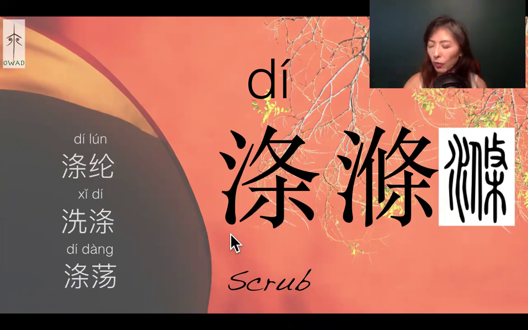All right, so examples. 涤纶. Well, when we talk about the scrub, and then we have 纶 as a type of fabric. 涤纶 is a Chinese translation of polyester, actually. And probably this term, because polyester was an invention after the Industrial Revolution, right? So it definitely came from the West.